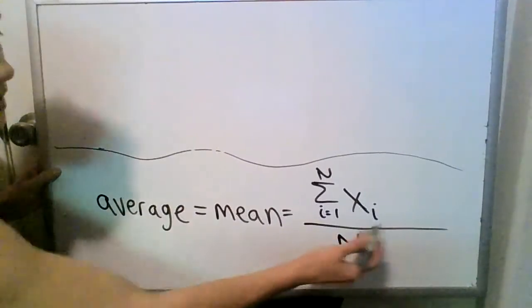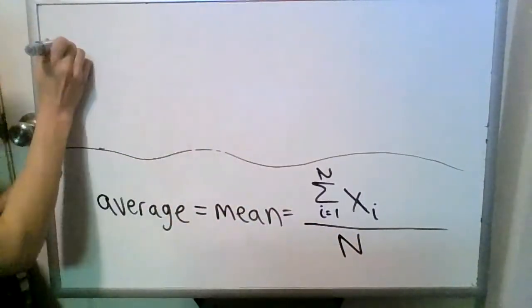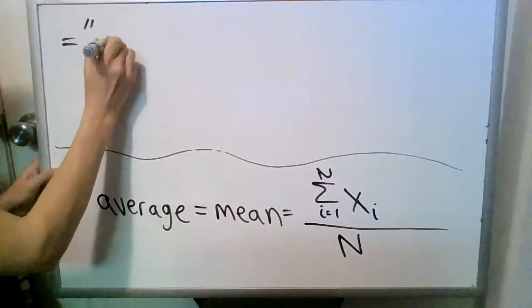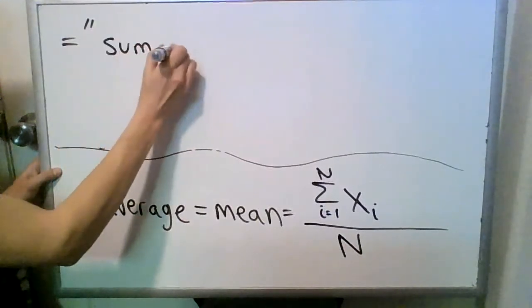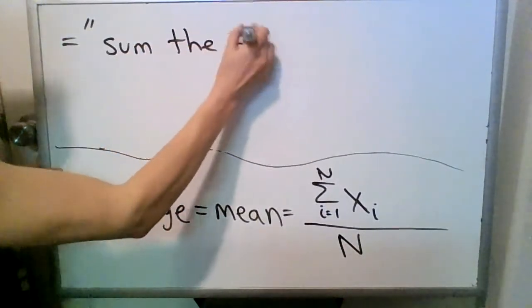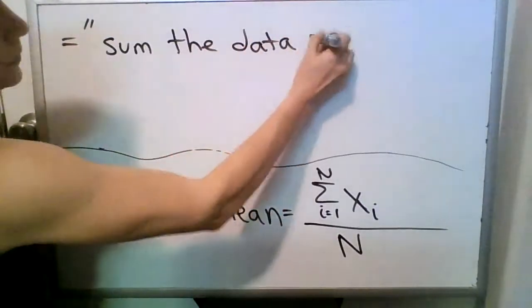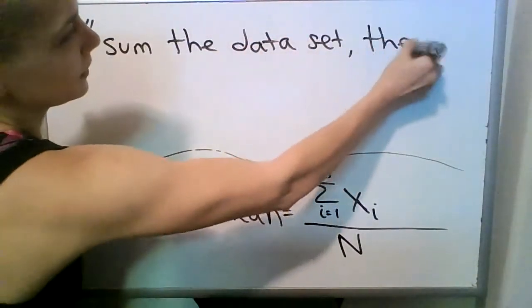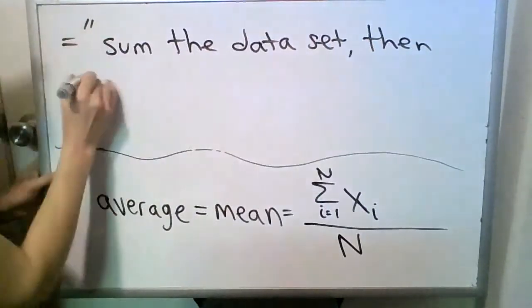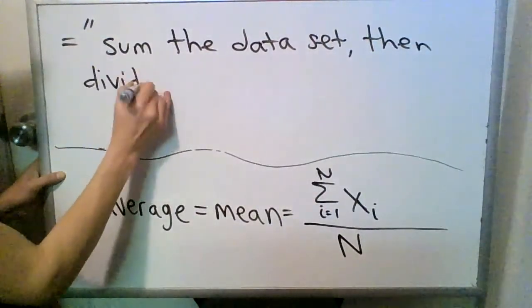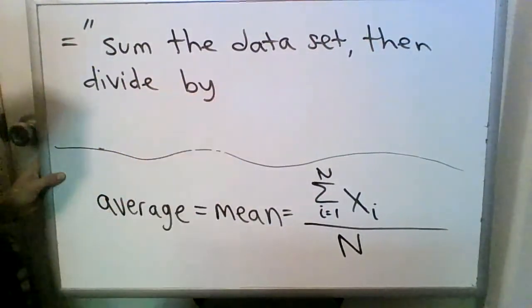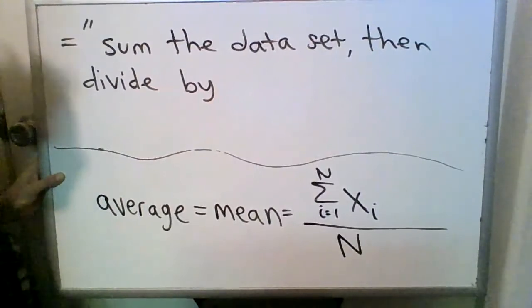So we're going to continue on from that statement. What it means, in words, is sum the data set, then divide that number and divide by the total number of values in the set.